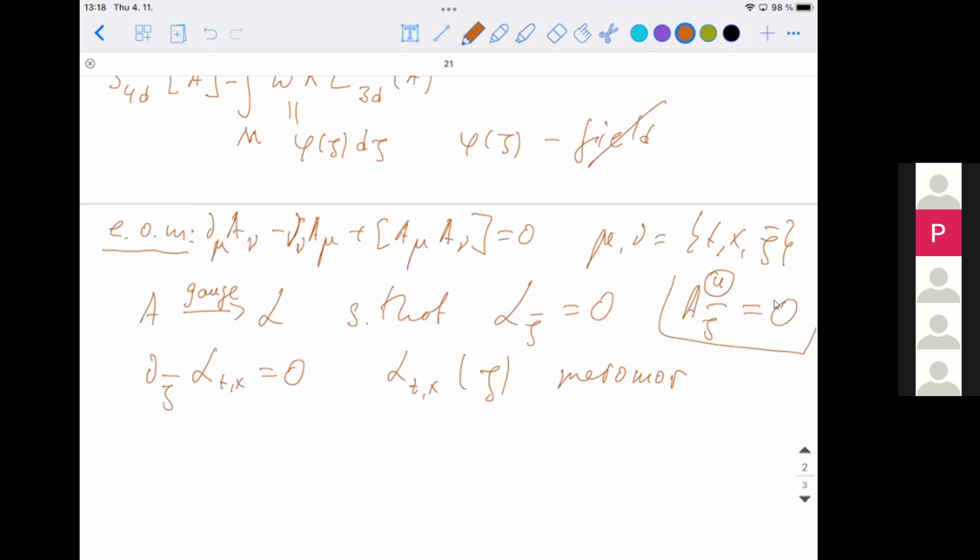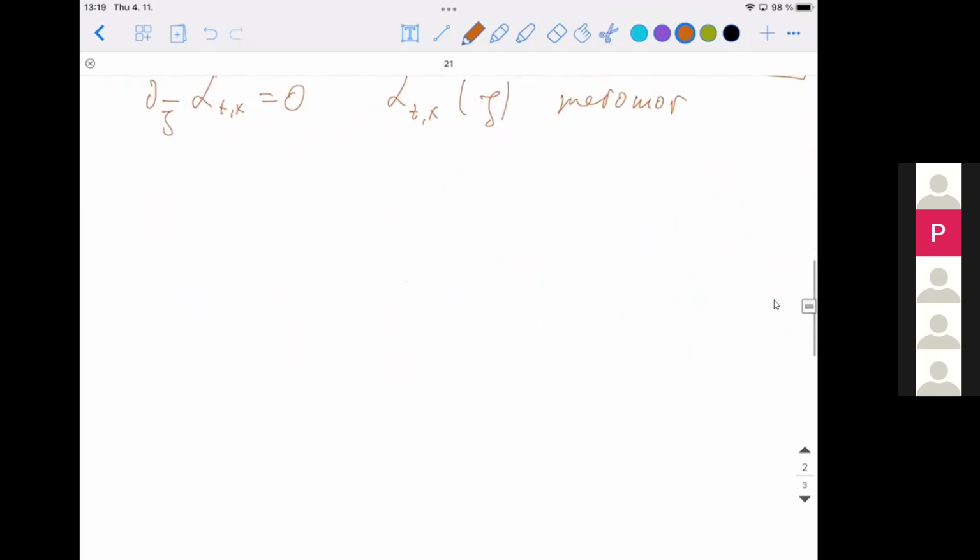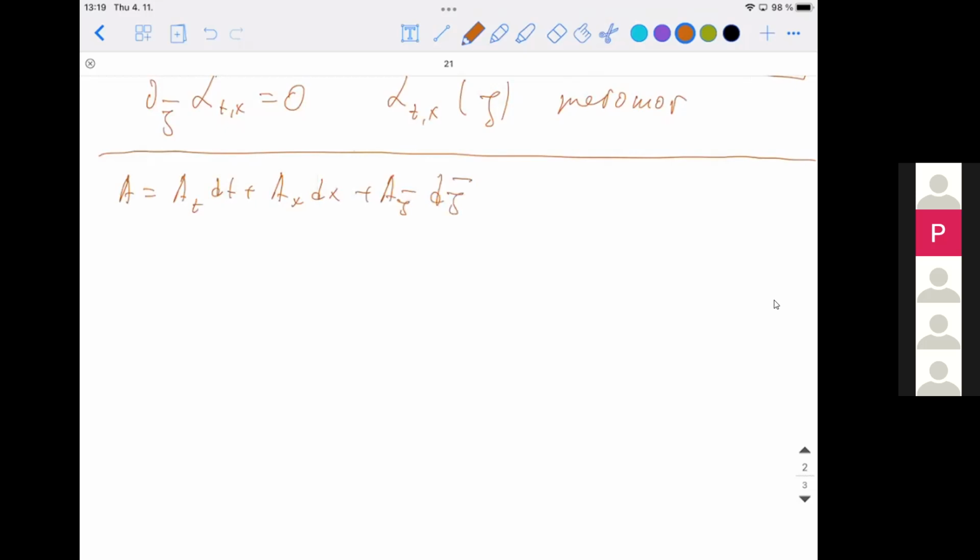Okay, so this was just the general point of how we will go. Now maybe more in detail. A is now a one-form, with a zeta bar component and no A zeta.